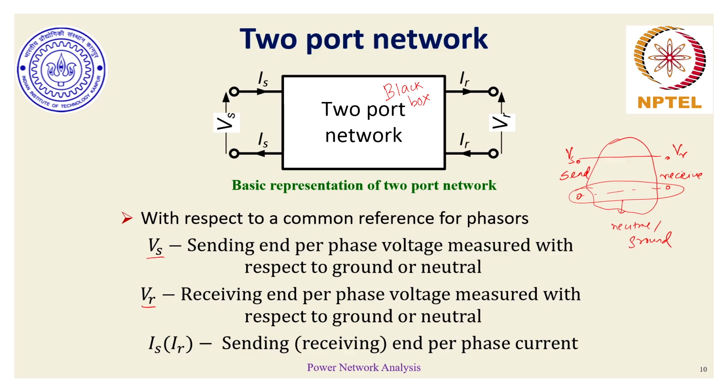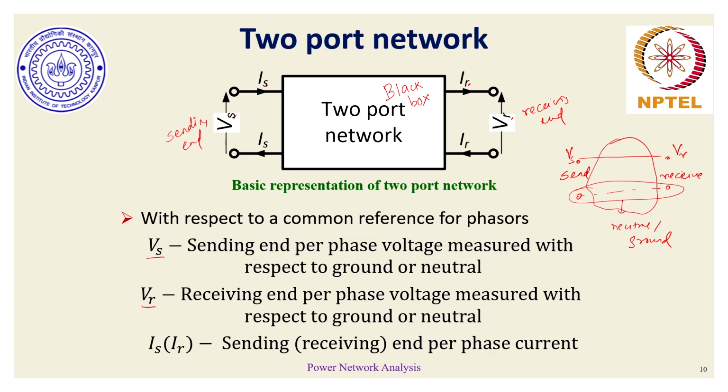This black box has a dedicated sending end, with the subscript S on voltage Vs and Is being the sending end current. Similarly, the other port is assigned the notion of receiving end, meaning there is some load present here. That's why there is a small r in Ir and Vr, Ir being the receiving end current and Vr being the receiving end per phase voltage.